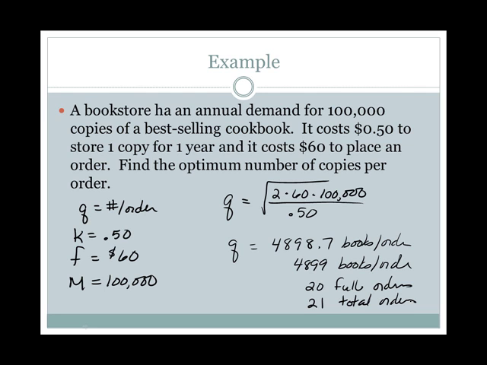So do they build more storage, produce more items, sell them later, or do they sell them up front, that type of thing? So all different types of companies deal with the idea of ordering or producing in batches and what is most economical. So hopefully you'll have an opportunity to use this concept as you venture out into different careers.